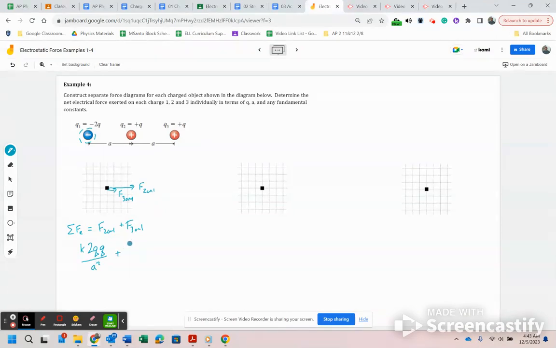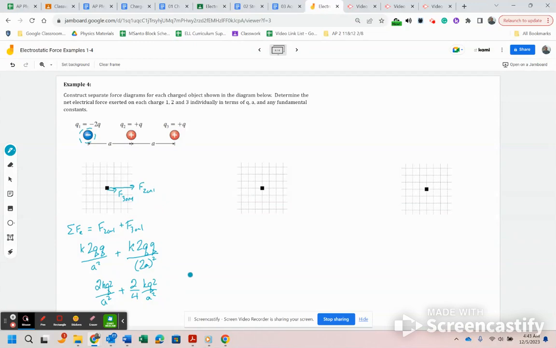We're going to add to that K times 2Q, so that's Q1, times Q3, which is Q, and then the distance is going to be twice that squared. So we're going to be left with 2KQ squared over A squared plus 2 over 4 KQ squared over A squared.